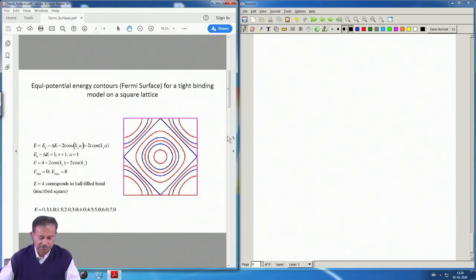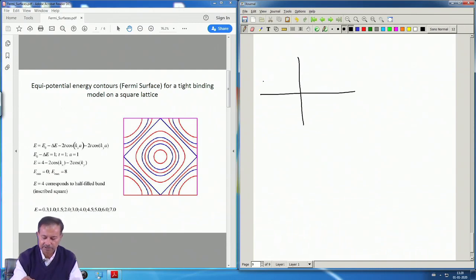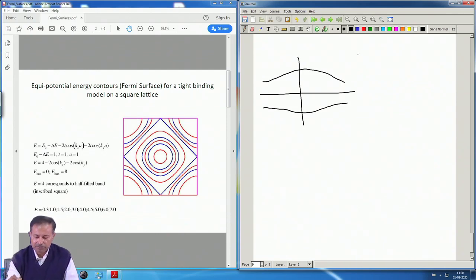The thing that I was mentioning was that we were discussing the formation of these two bands. Now, it happened when you had this kind of a lattice and so on.